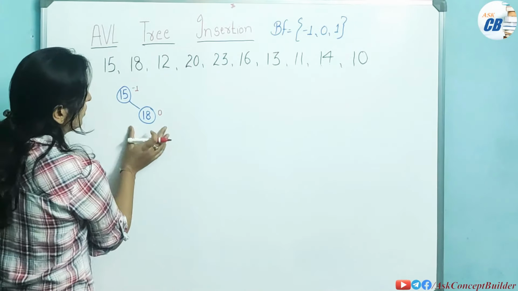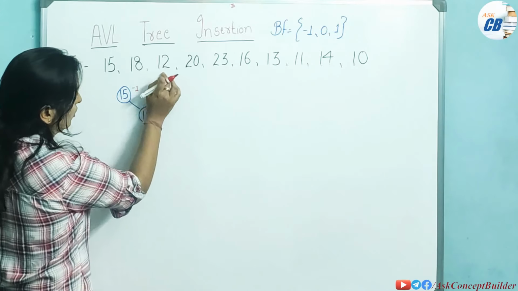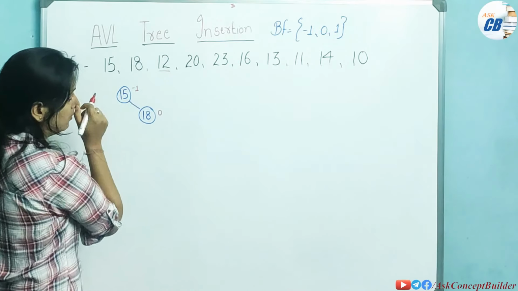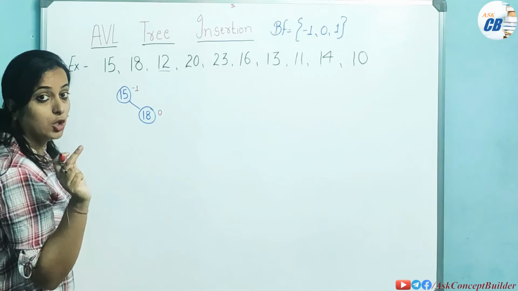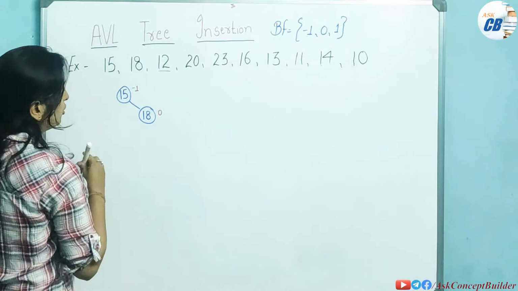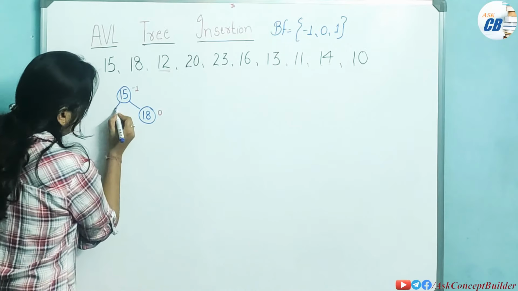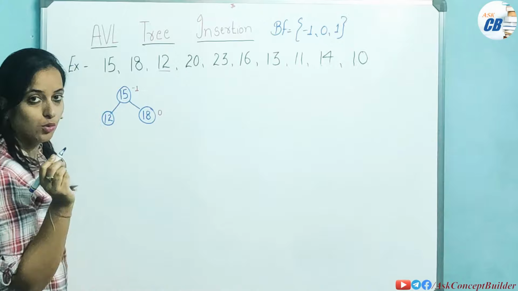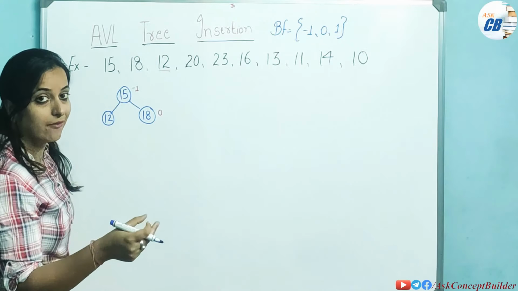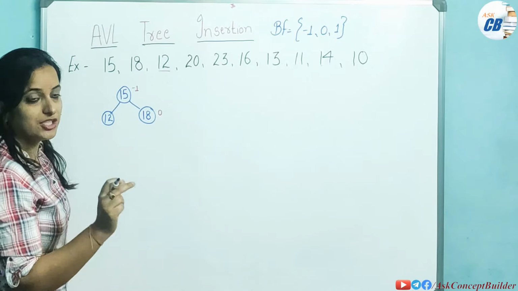Now we have to insert the node 12, the third node. 12 is smaller than 15, so it will come to the left of 15. Again, as we are inserting a node, we have to find the balance factor for each and every node.